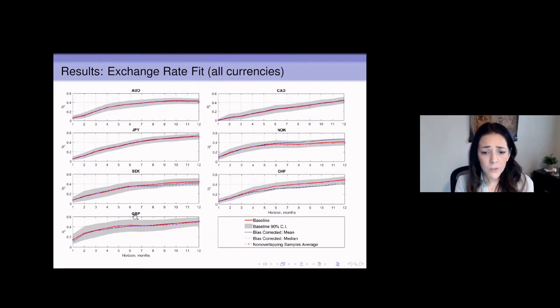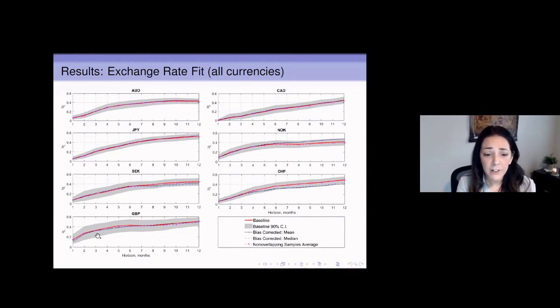So focusing on the UK again, you can see that the R square at the 1 month exchange rate horizon is below 20%, meaning that the model is not able to capture the majority of exchange rate movements. However, as we look at further horizons, the fit of the model improves, and we can see that these interest rate factors can account for more than 50% of exchange rate movements at the 1 year mark.